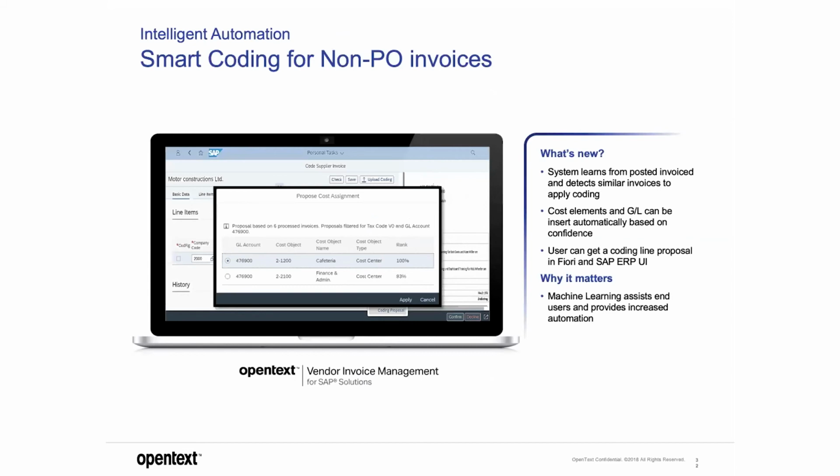Based on the historical invoices for a given department and based on the attributes of the current invoices, the system can propose the GL account and the cost center data with a similarity score. You can apply this recommendation and in case you don't agree, you can also cancel it and then manually enter the GL data and the cost center data. So the objective here is to automate the data entry process for non-PO scenarios as well. And this functionality, again, you can leverage within your ERP system or the mobile enabled application.